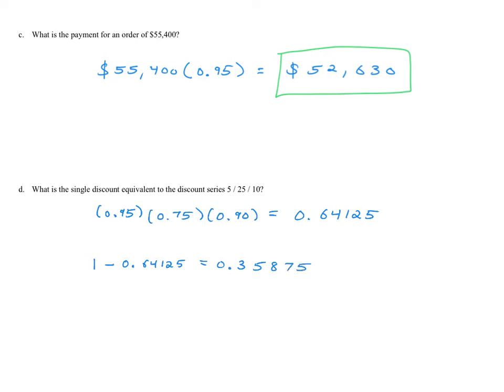You can convert both of these numbers into percents by multiplying by 100, which just moves the decimal over 2 places. For this top one, that would be 64.125%, and down here would be 35.875%. It is this value here that tells you a single percentage that would take you from the beginning to the end instead of doing a 3-step process.